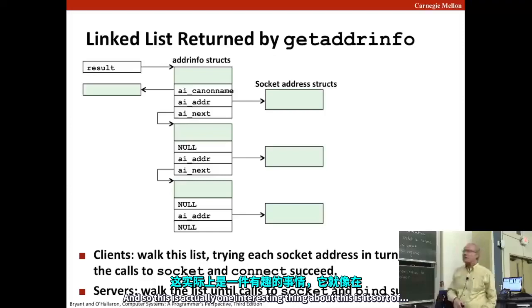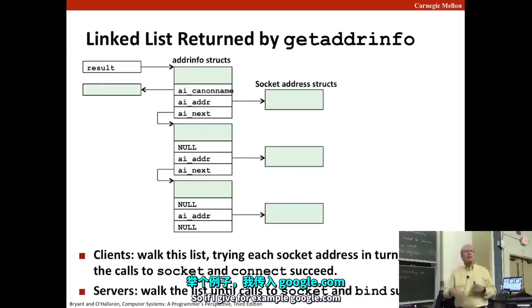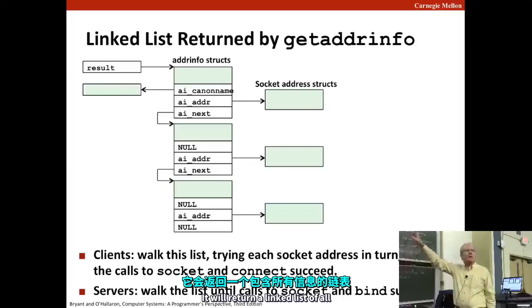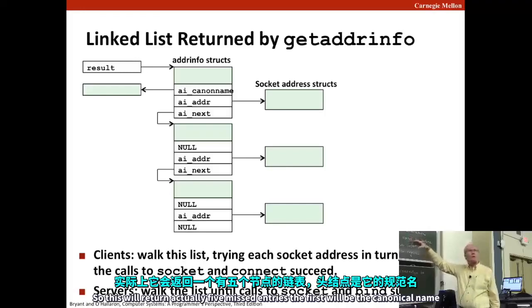One interesting thing about this is that it takes care of that potential many-to-many mapping of names. So if I give, for example, google.com, it will return a linked list of all however many addresses, or you saw with Twitter, it was returning about 4 different addresses. So this will return actually 5 list entries.